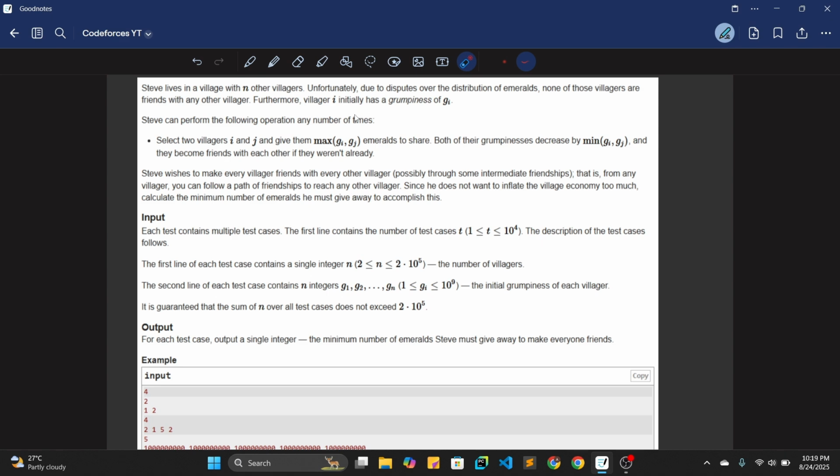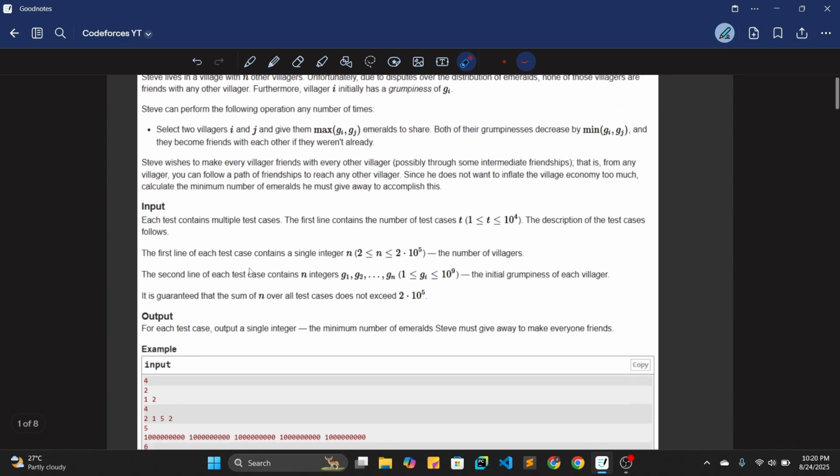And for that, we can do some operations. The operation is we can select any two villagers and give them some emeralds to share. We can give them the maximum grumpiness between these two villagers as the number of emeralds, and then we can decrease the grumpiness of both villagers by the minimum of the two.